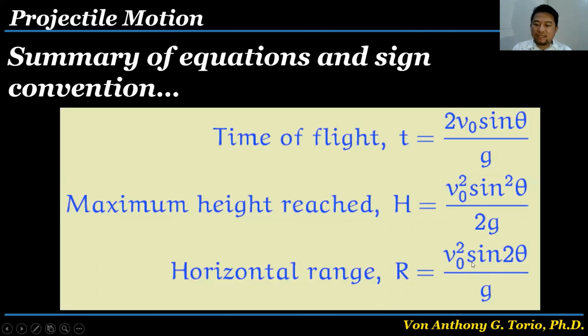The range equation tells us that the factors that affect the range are as follows. Number one is the initial velocity, and the second one is the angle. And take note, that's double the angle. That is, we need the angle multiplied by 2 such that it will be maximum, and maximum means 1.